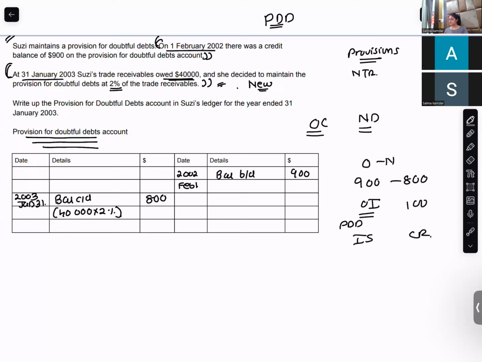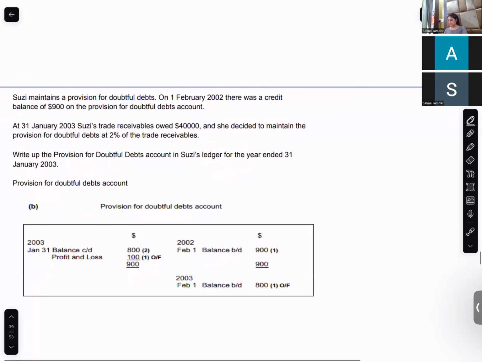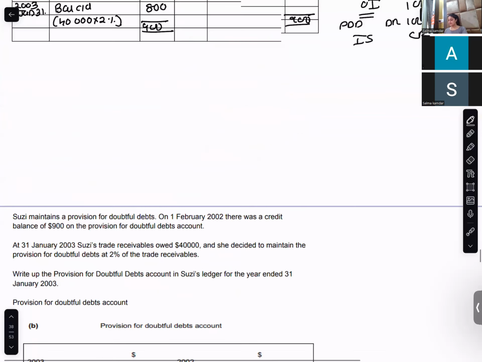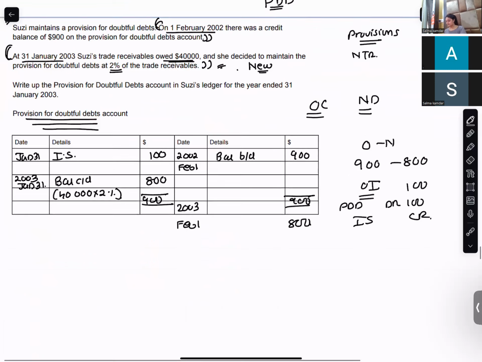So on the debit side, we'll write income statement, 100. We close the account. Don't forget to bring down the balance. Feb 1, 800.